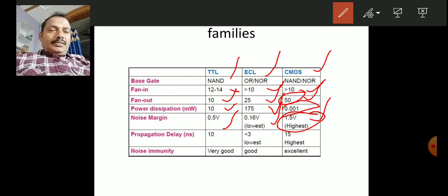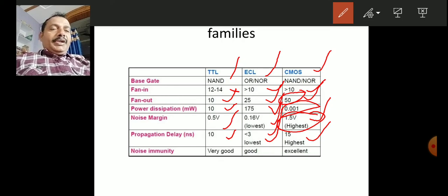Propagation delay for TTL is 10 nanoseconds. For ECL it is lowest, less than 3 nanoseconds. For CMOS it is 15, the highest. That means CMOS is disadvantageous when speed is concerned. The highest speed is ECL. It is giving us high speed.